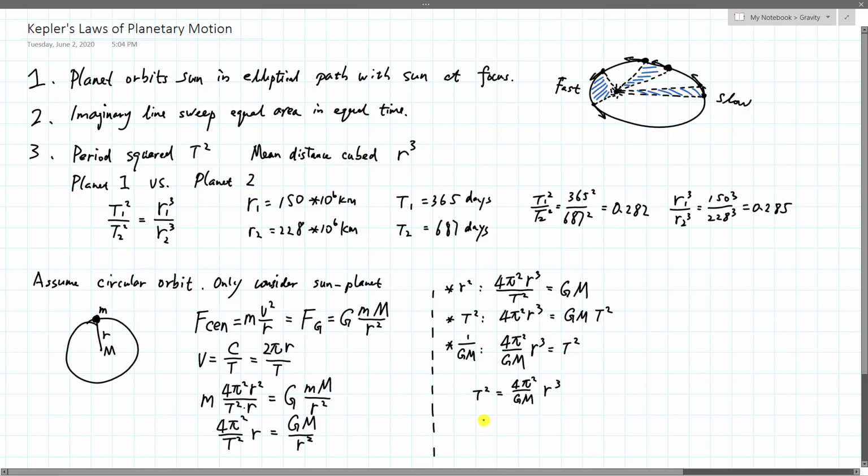Okay, so let's try to make this into the original Kepler's third law format. So I'll just multiply both sides by 1 over r cubed. So what I get is t squared over r cubed equals 4 pi squared over gm.